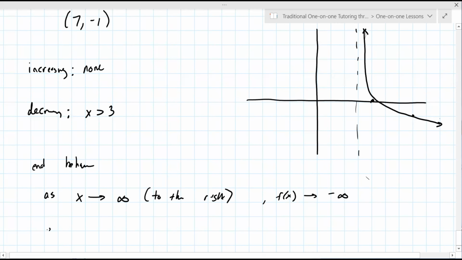Perfect, that's correct. And then the other one, it approaches the vertical asymptote, which is 3. The words are really more meaningful here, to the left, f of x goes to positive infinity. Yes.